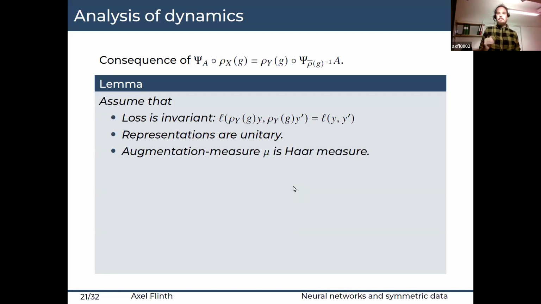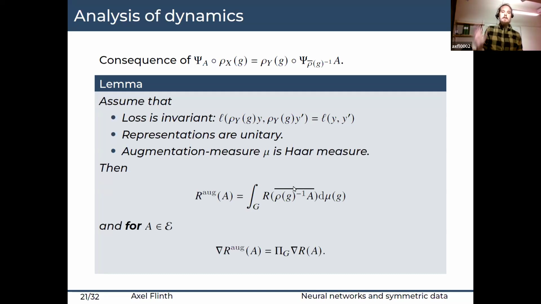Under these assumptions, I can use this equation I have here to lift the augmentation operation to a transformation of the risk function directly. In that case, the augmentation function will be a symmetrized version of the nominal risk. And that in turn, and this is maybe a bit non-trivial, but it's not hard.